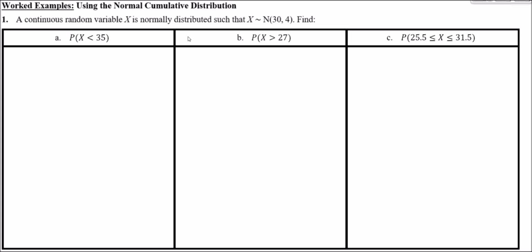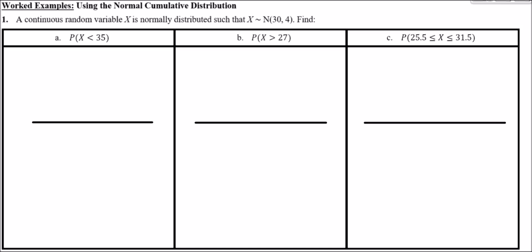So here we've got a continuous random variable x, normally distributed, such that x is normally distributed, mean of 30, a variance of 4. So that variance of 4 means the standard deviation is 2. So we need to find these probabilities. So again, what I'll just do is sketch these out because it can't hurt to. So the first one, I just want to find the probability that it's less than 35.